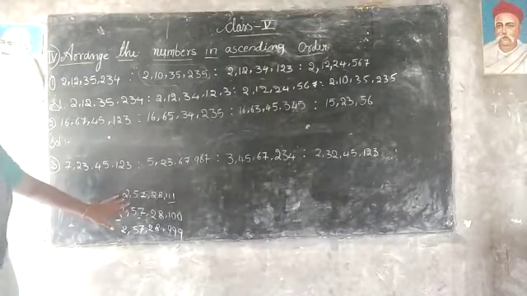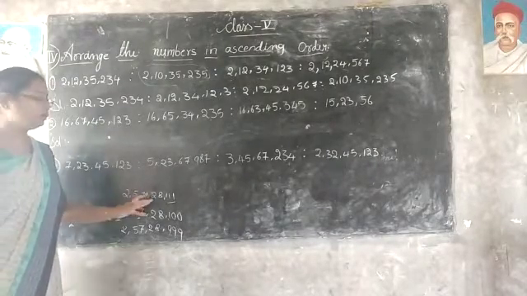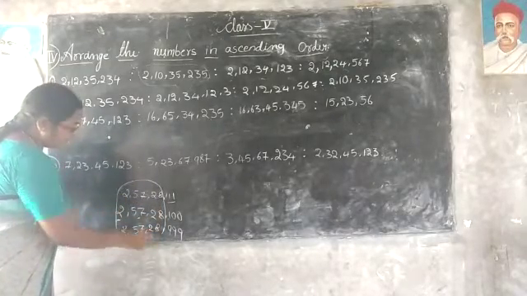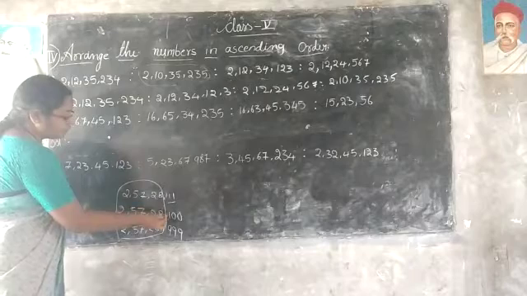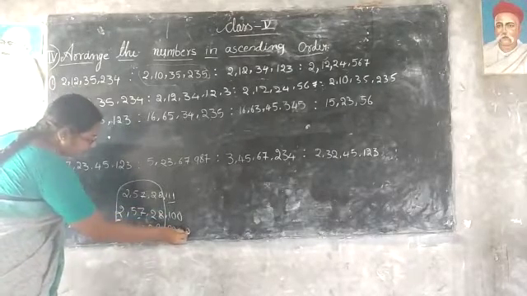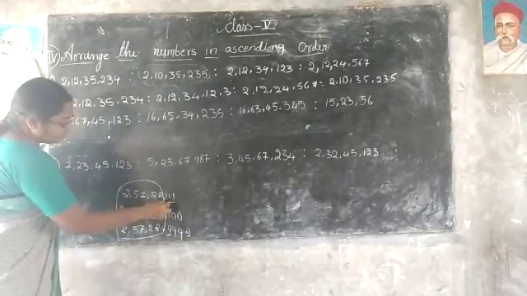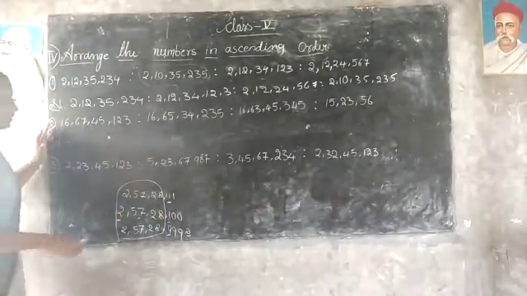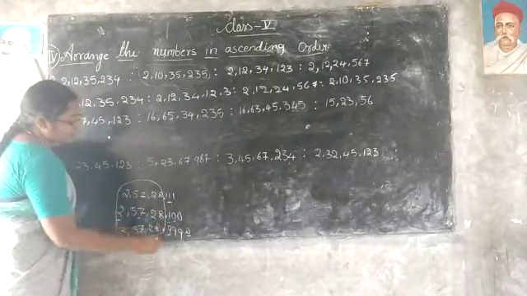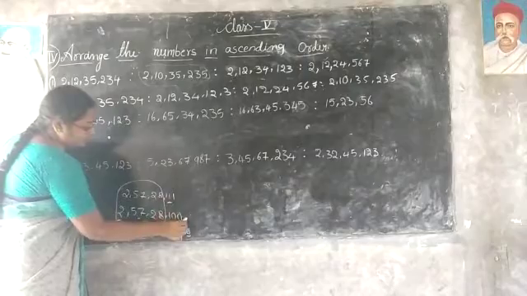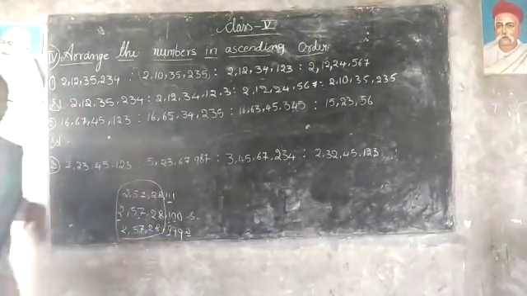All the crore, lakh and thousand places are the same in these three numbers. At that time, we come to checking the hundreds place. So this is the biggest number. Next biggest, both are same, so next we can check the tens place. That means here 1, here 0. So this is the second biggest, and last and final one is the smallest number in these three.